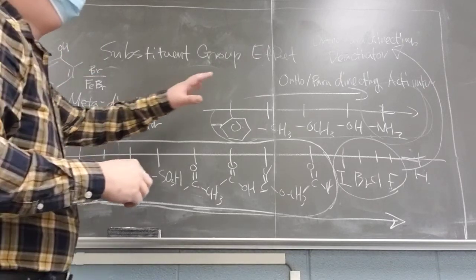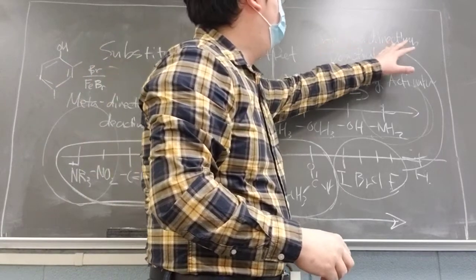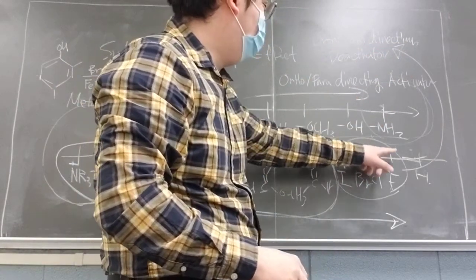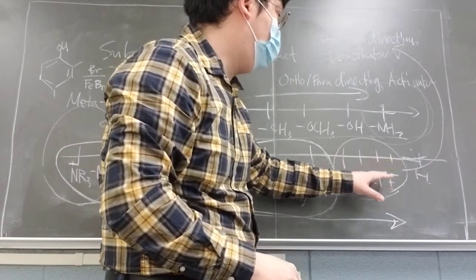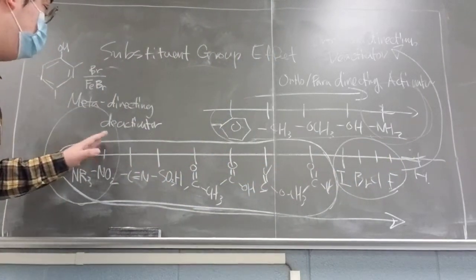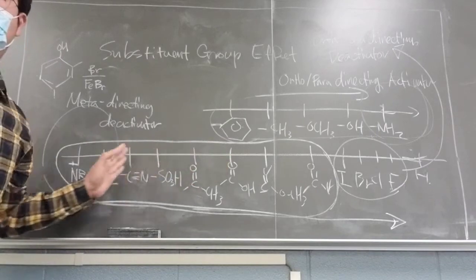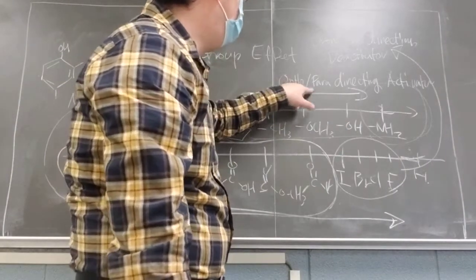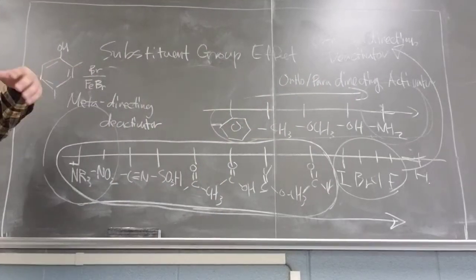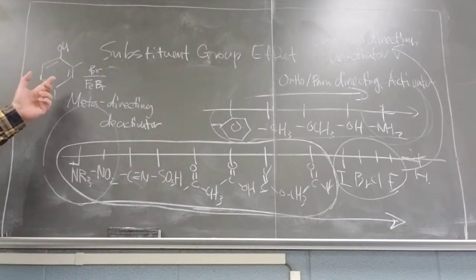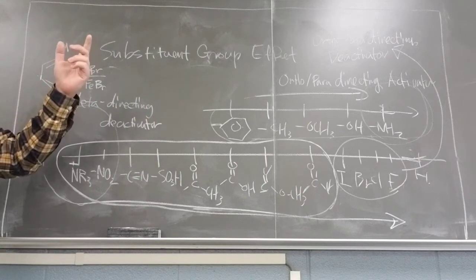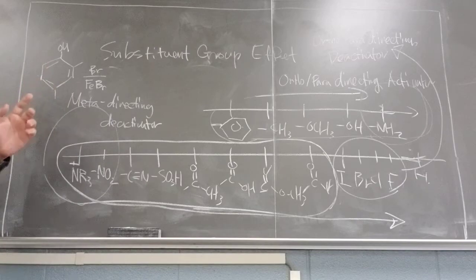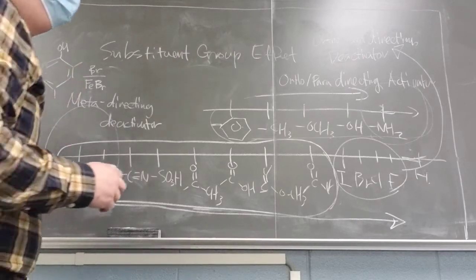So that's why we name it ortho para-directing activator for this one, ortho para-directing deactivator for halogens, and the meta-directing deactivator for those two. So if it's a hydroxy group, it's right here, right? So it means it's ortho para-directing. So whenever you substitute the hydrogen on the compounds, it is going to replace the hydrogen on the ortho and para position. Make sense, right? No? Okay.